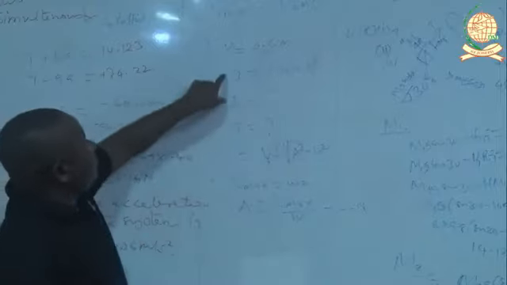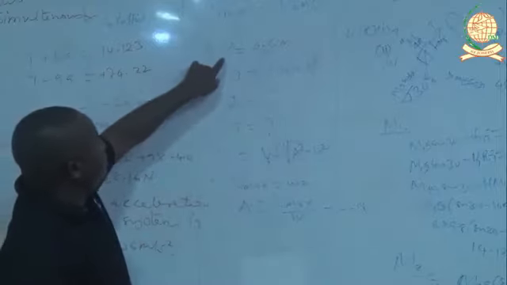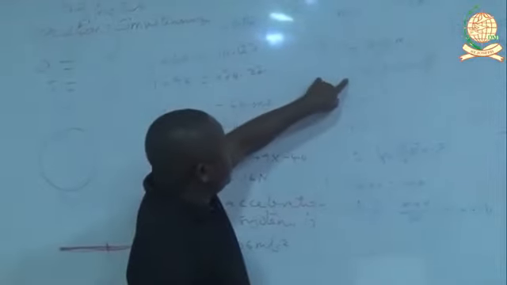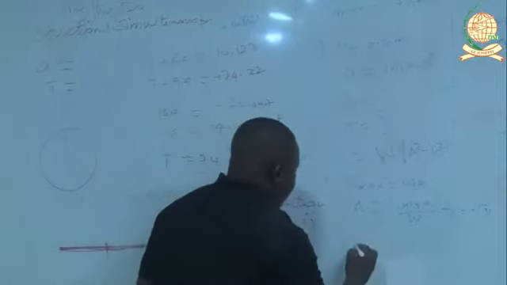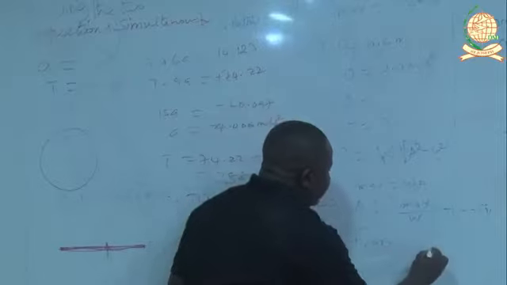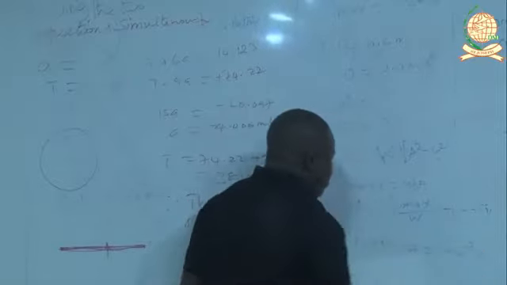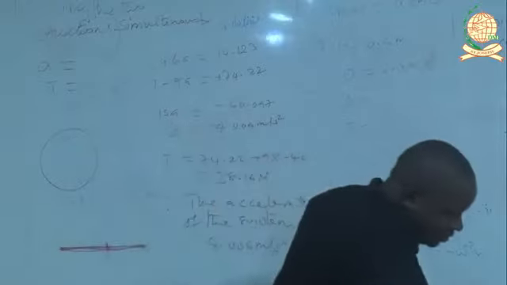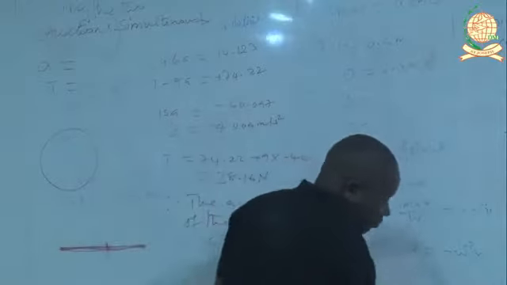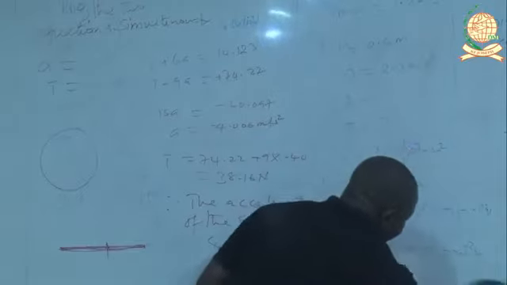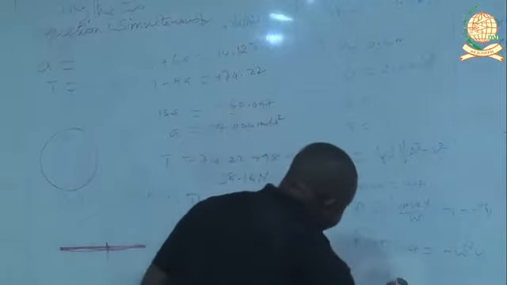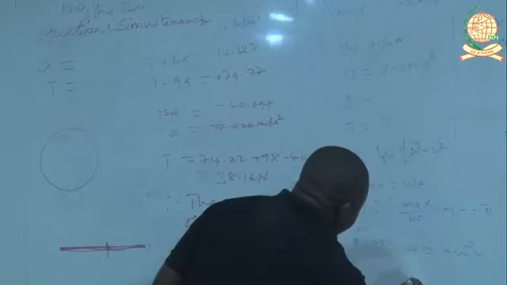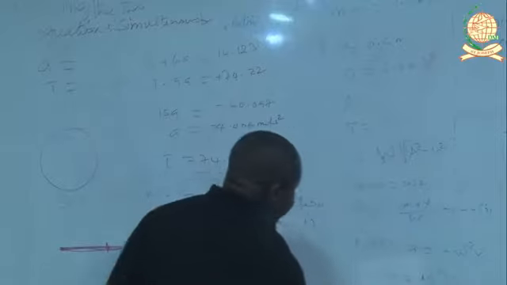We go back to the other information. We are given position or displacement and acceleration. Which equation connects the acceleration and the displacement? Acceleration is equal to negative omega square y, so the magnitude of this A will be equal to omega square y.